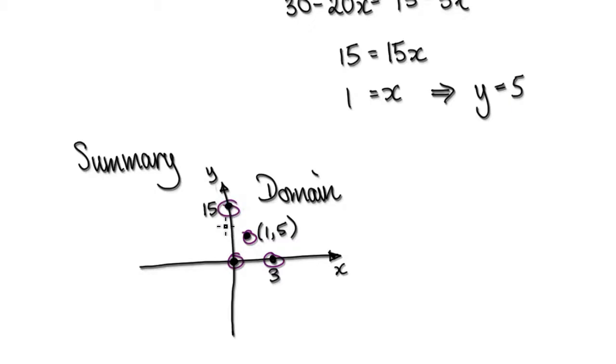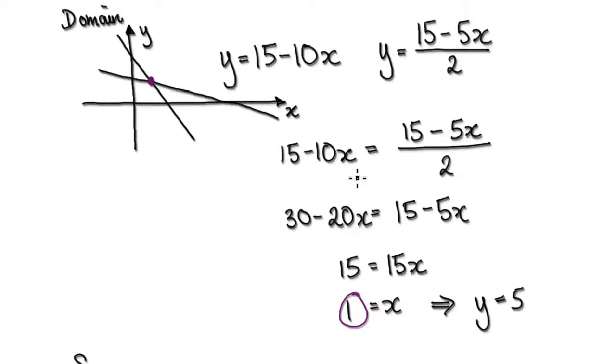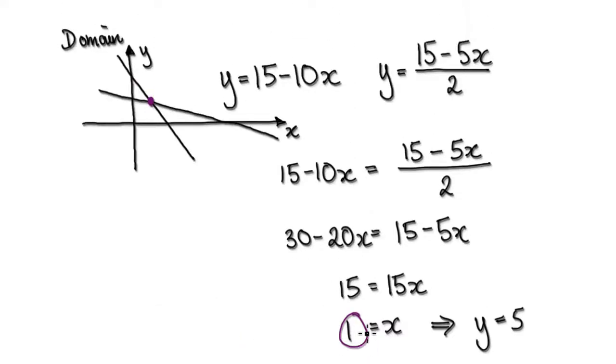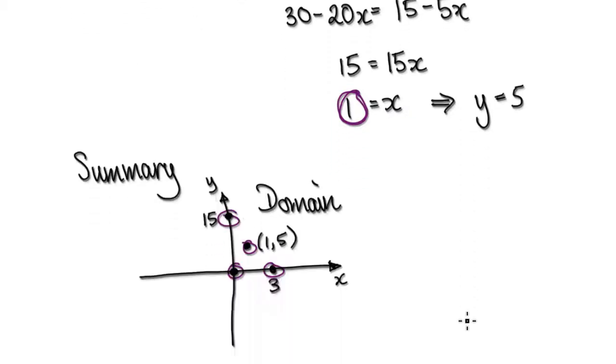Hang on, have I done this right? Let me think. When x equals 0, what is y? Hang on. When x equals 1, yeah, okay, I think I've done it right.